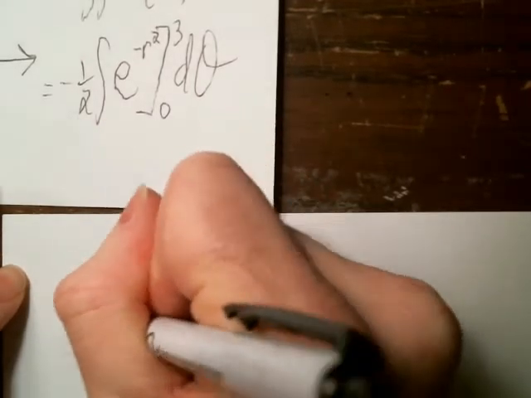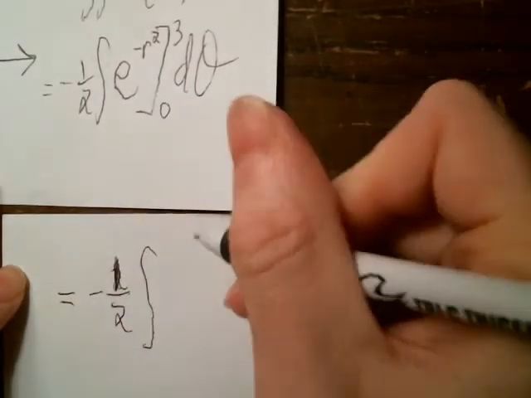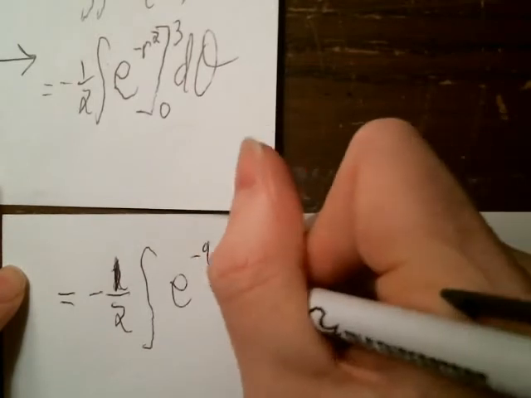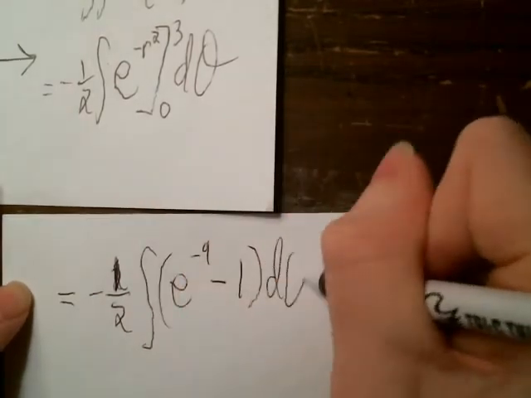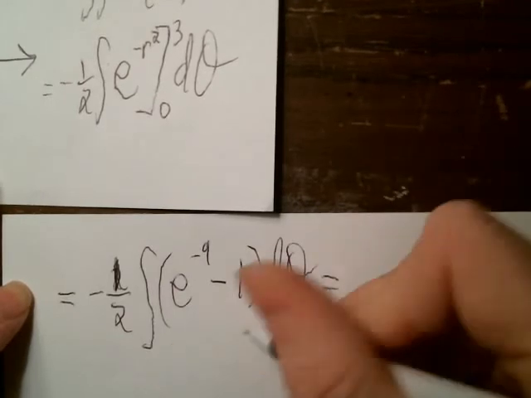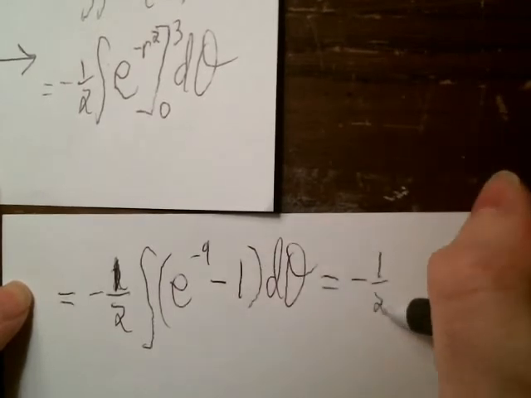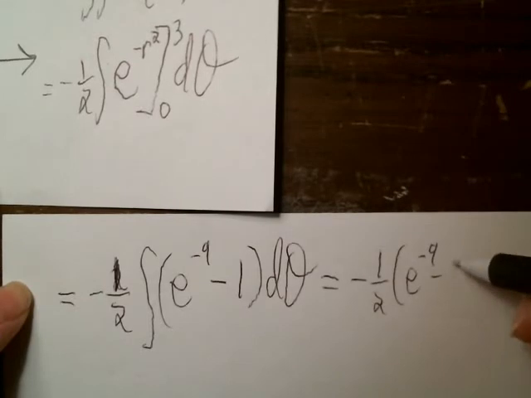So negative 1/2 times the integral of e to the negative 9 minus e to the 0, which is 1, d theta. And then integrate that with respect to theta, so negative 1/2 times e to the negative 9 minus 1 times theta, evaluated from 0 to pi over 2.